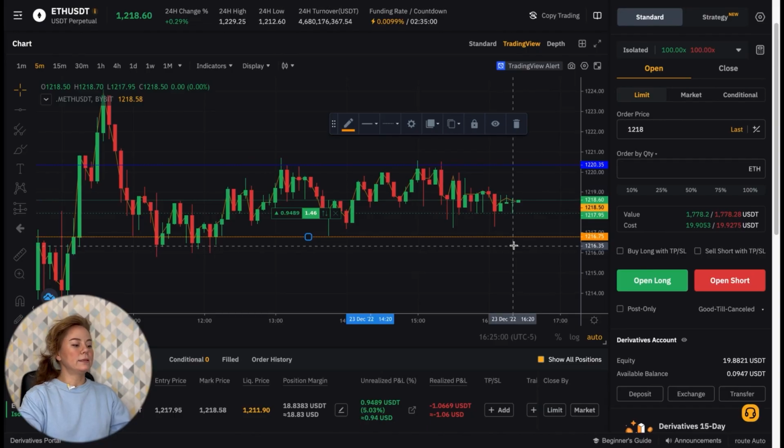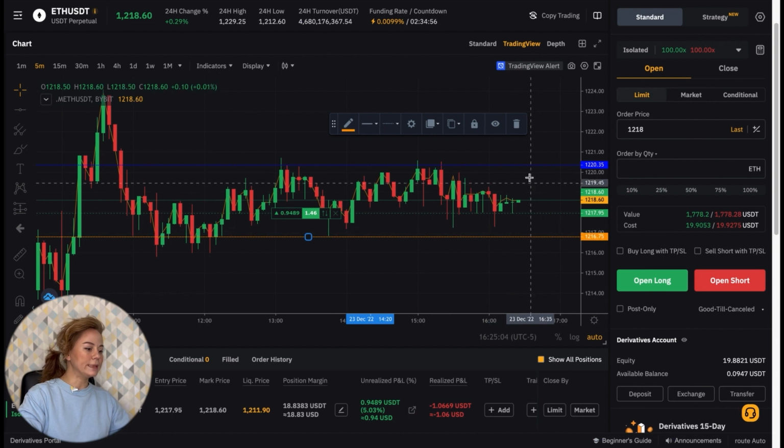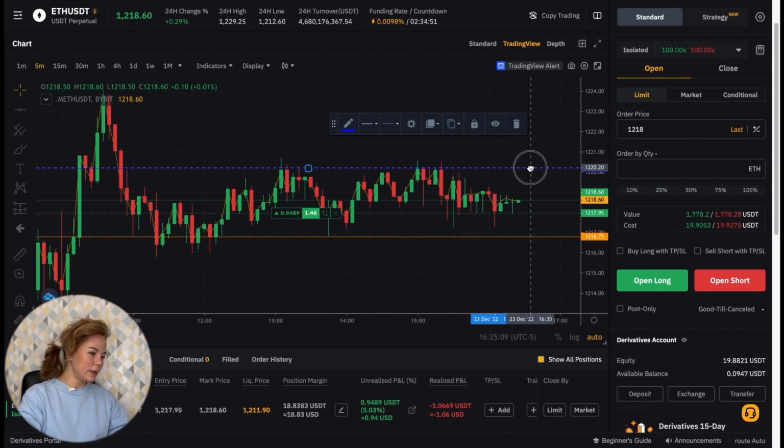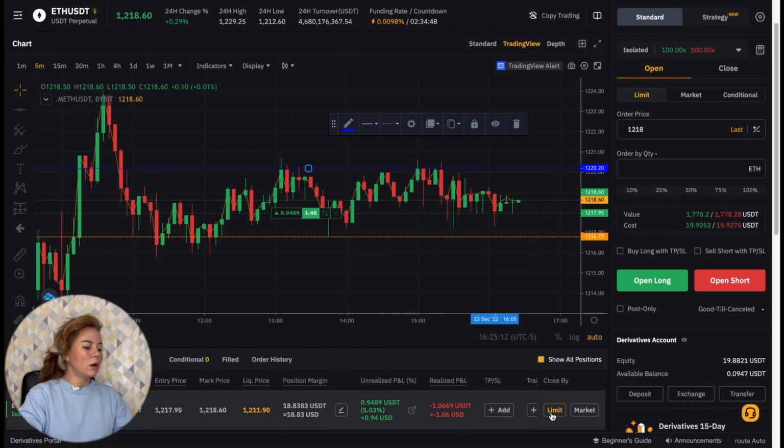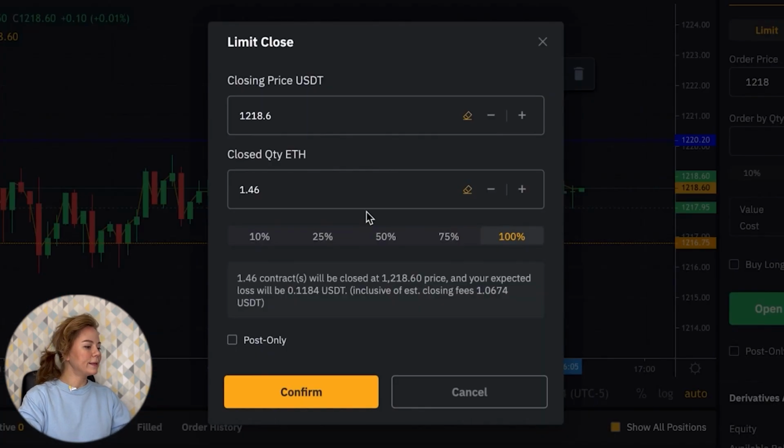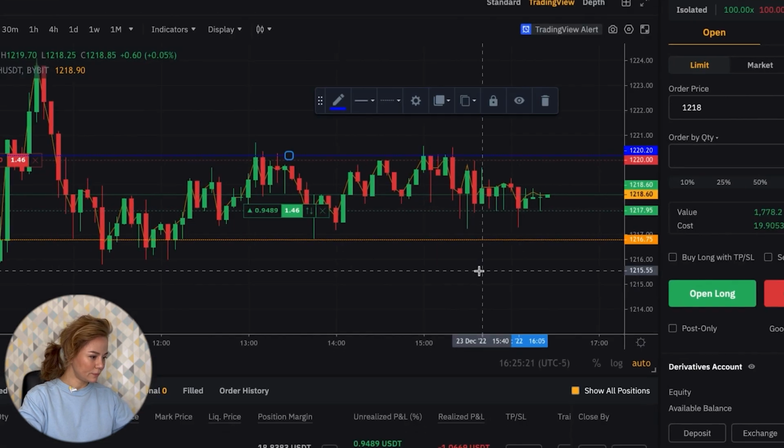I guess in that situation we are waiting for the price to go up. Yes, I think that should reach our top zone border, and it goes at 1220. 1220 sharp.